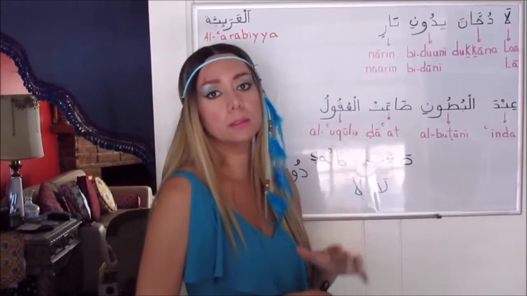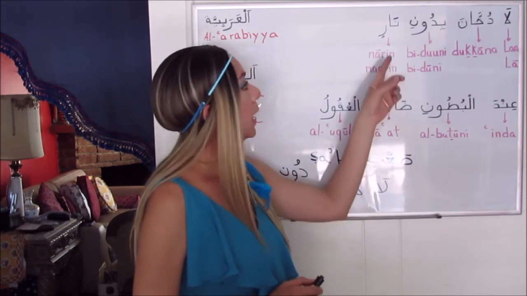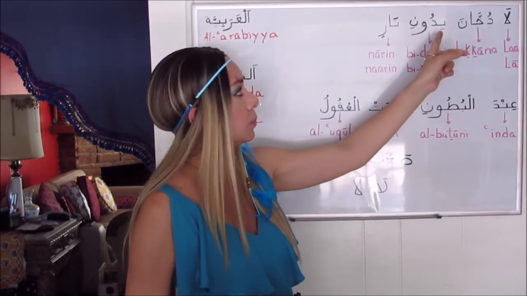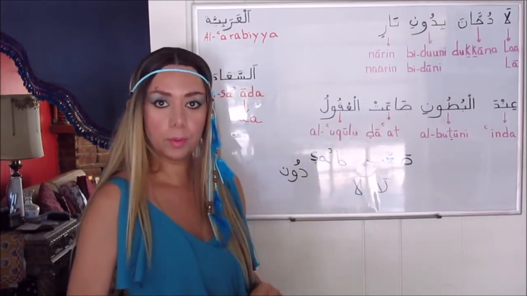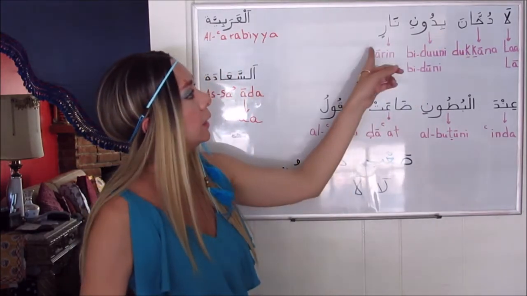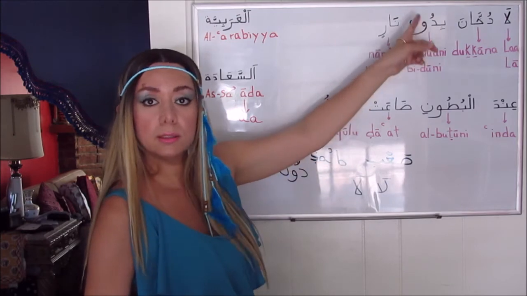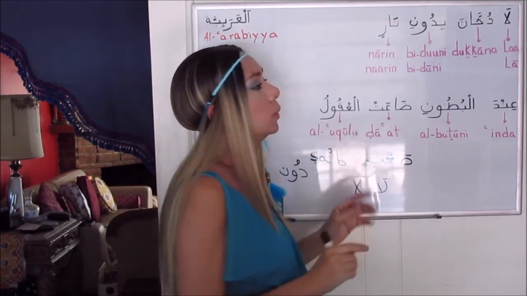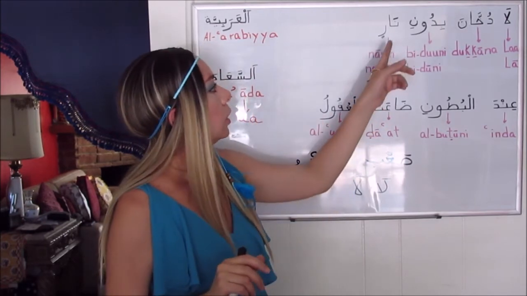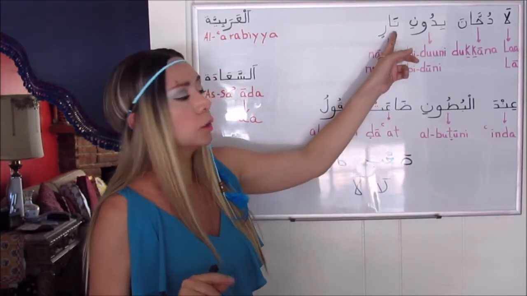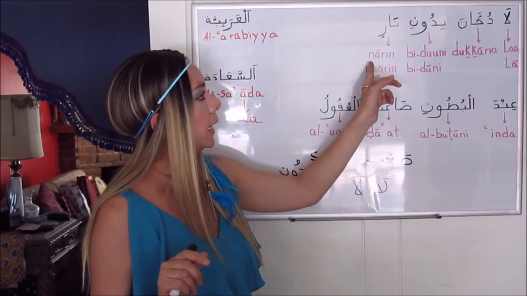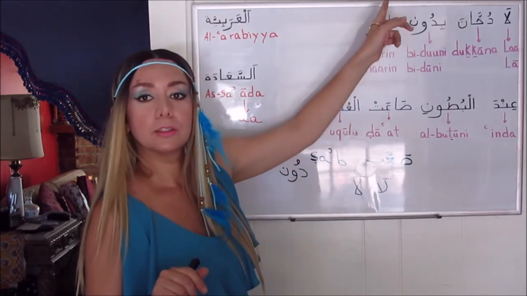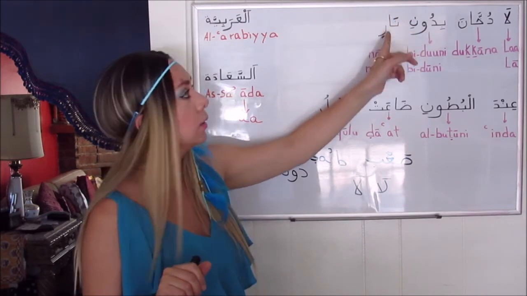Nar, fire. Narin. Everything here is in the genitive because it is preceded by the preposition bi. And here we have a tanween because it is indefinite. Biduni narin. Here, what do you hear? We have the noon, represented by the N, followed by a fatha and the long vowel alif.